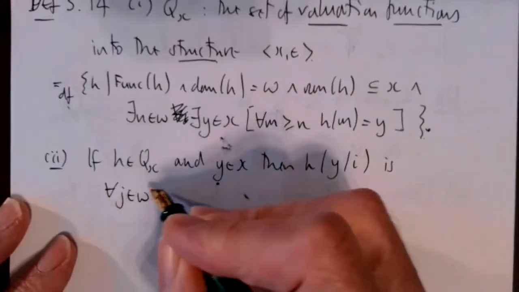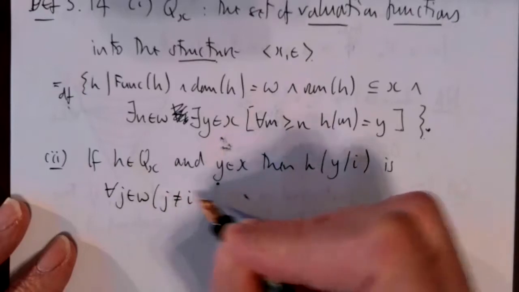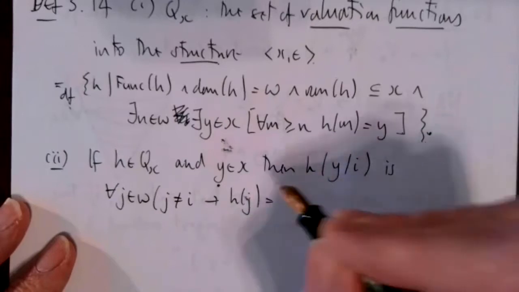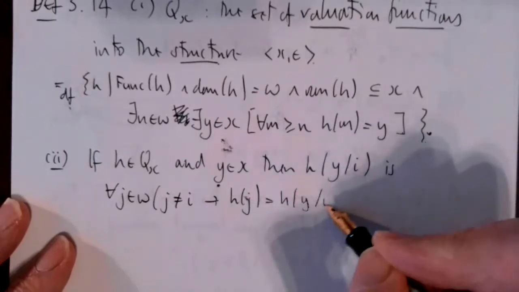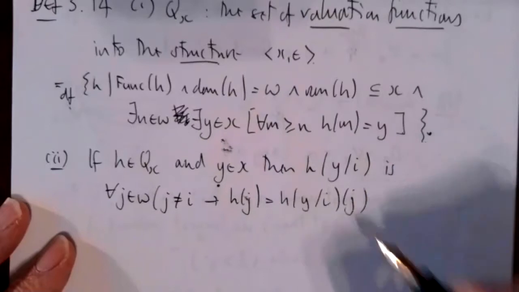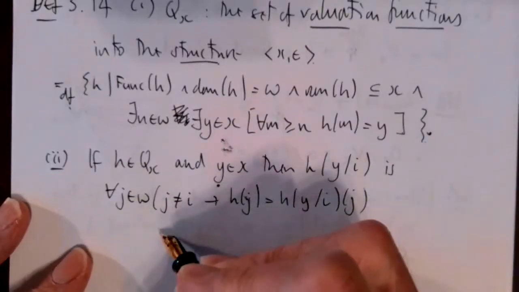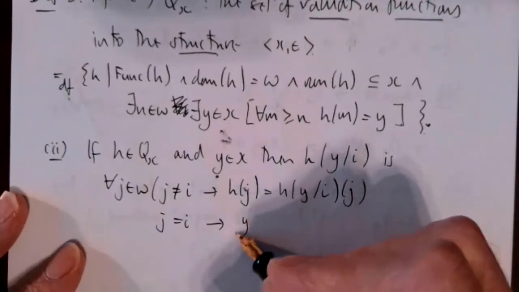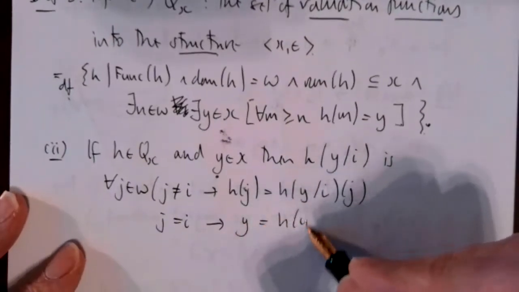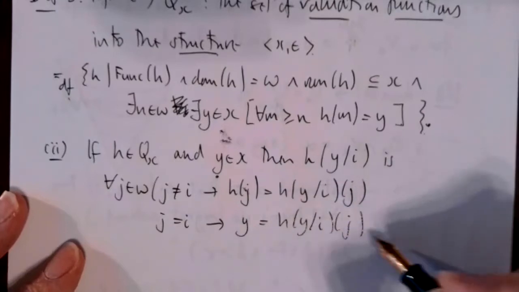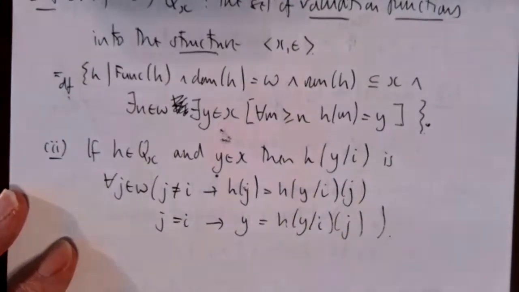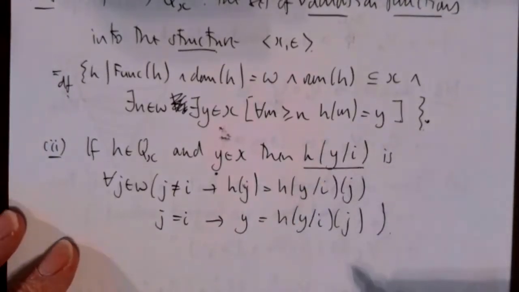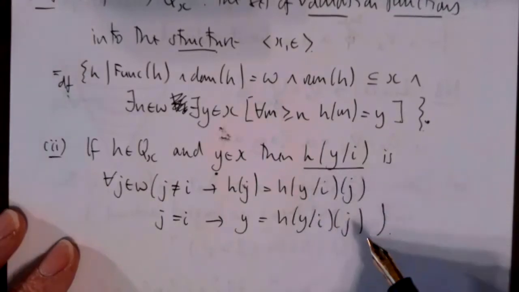For any j in omega, if j is different from i, then h of j is just as before. But if j equals i, then it returns y. That's just a useful piece of notation to have, this variant function. We just tweak h so that it returns y.